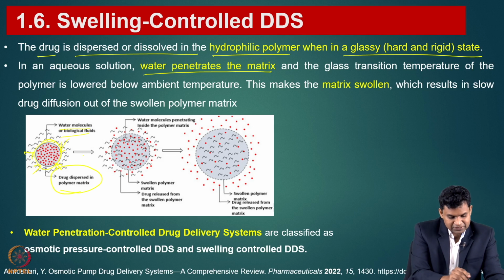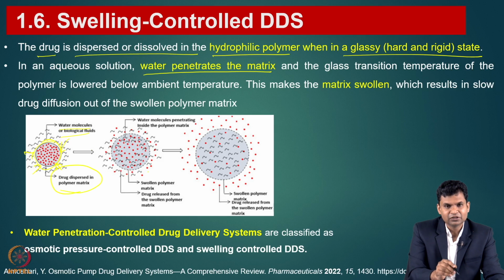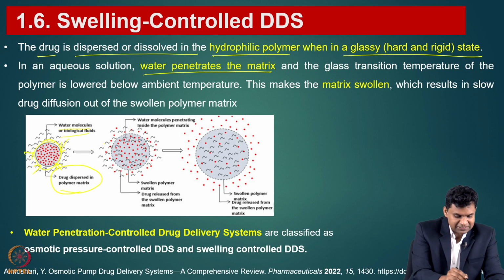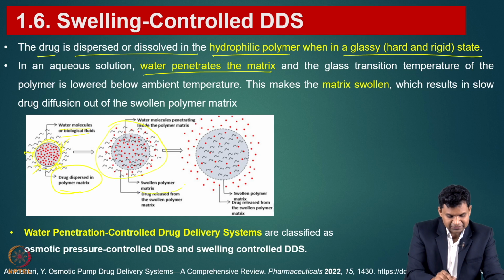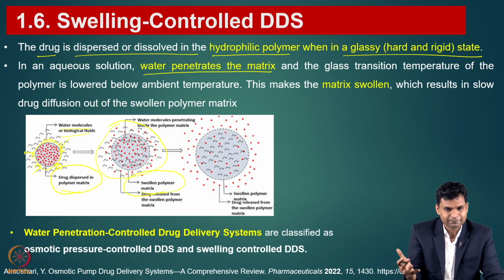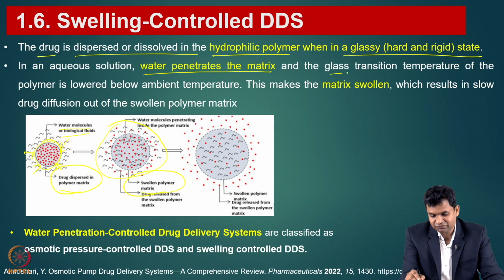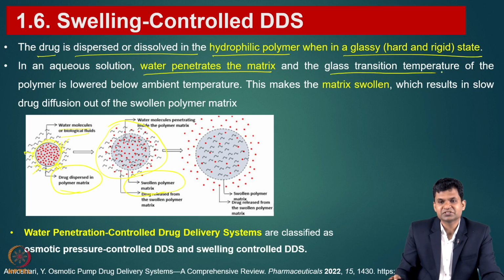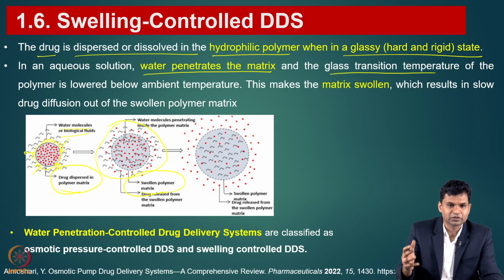Now, once the water has penetrated into this system, you can see the size of the system has increased. That means the material has swollen, and at that stage your drug will release slowly from the system. This happens because of the glass transition of your polymer.